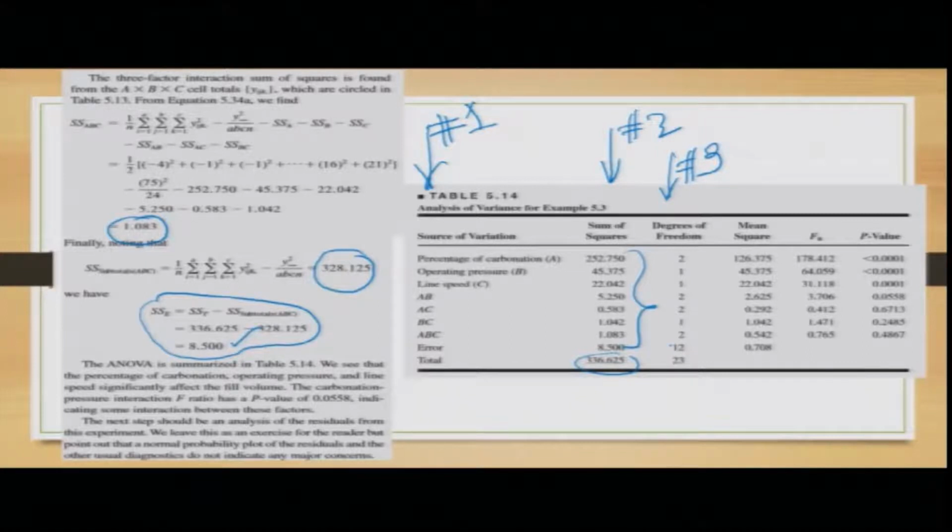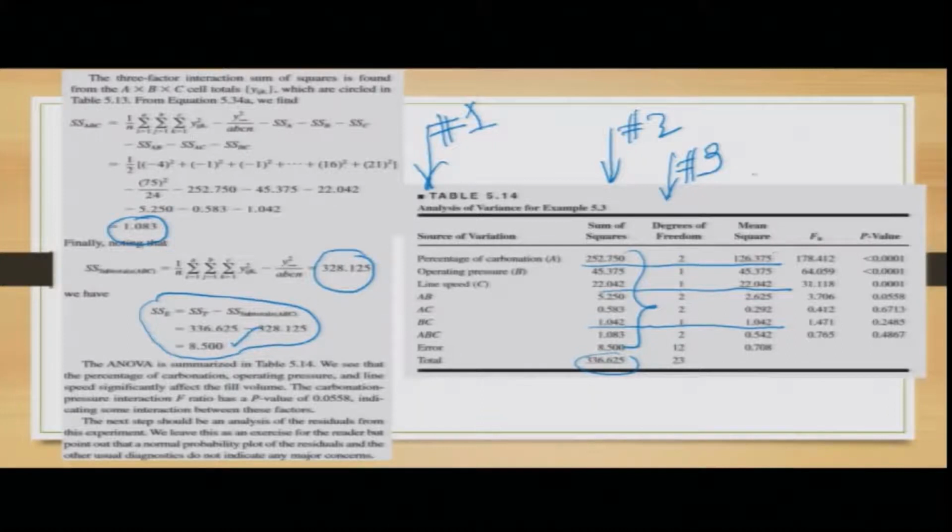Then you have the mean square, that means you divide column number 2 by column number 3. So, say for example, you are taking this value. 1.042 divided by 1 comes out to be 1.042. Similarly 22.042 divided by 1 becomes 22.042. Then, say for example, 252.750 divided by 2 comes out to be 126.375.